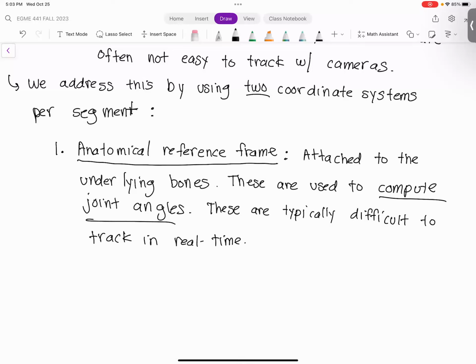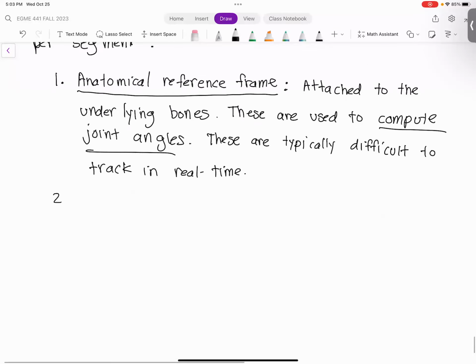There may be certain poses or positions of the body where you can actually see all three markers used for this reference frame, but you can't often rely on that. There'll definitely be frames where you don't see all three markers, and from there you lose the anatomical reference frame.